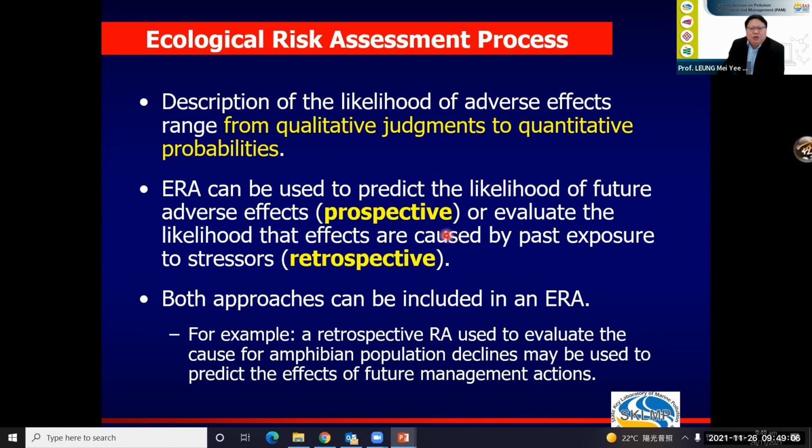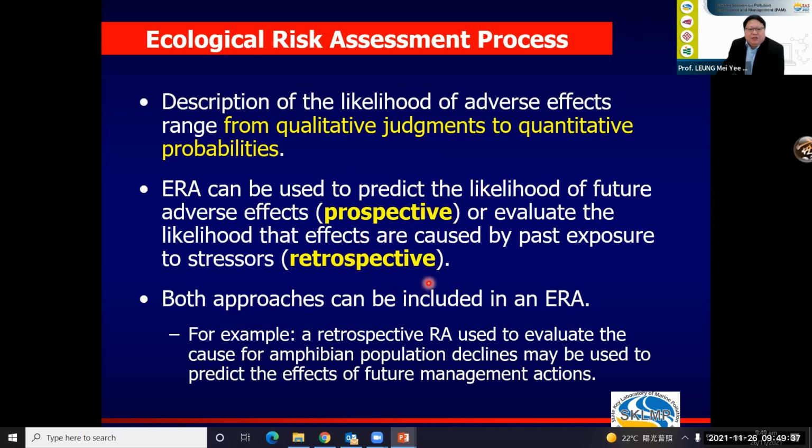If there's certain risk of this product, maybe we have to control the volume of production per year so that we will keep the discharge amount below the safety limit, ensure there will be no unacceptable consequence. So we use the results to predict for the future project, future action. If the risk of the chemicals is very high, then we abandon the proposal.